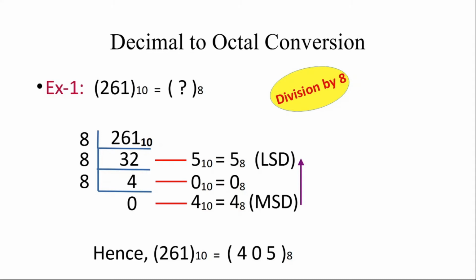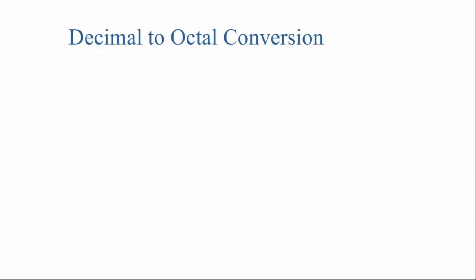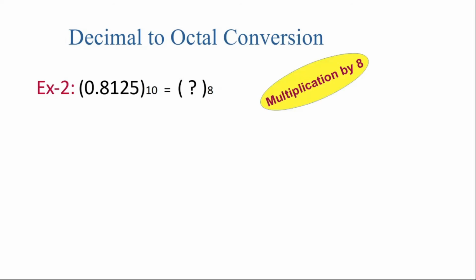Now let us take another example, example 2. Here the number is a fractional number. So we have to perform the repeated multiplication by 8. When we multiply the fractional number by 8, we get 6.5000.